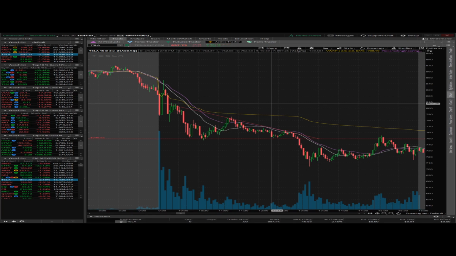Now how you actually play it, you can do it a couple different ways. After you've identified the trend, you can wait until it goes up to test the trend and hop in short and put a stop loss slightly above where you would expect the trend to be broken.